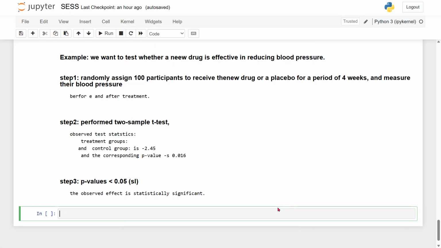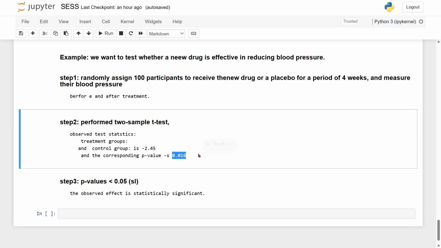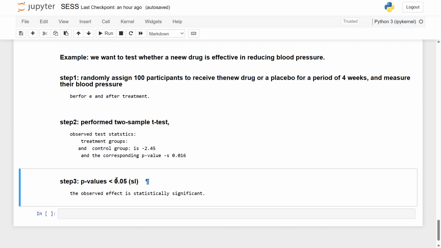If you see here, we got a p-value of 0.016. The significance level that we have chosen is 0.05, which is a 5% chance of rejecting the null hypothesis.